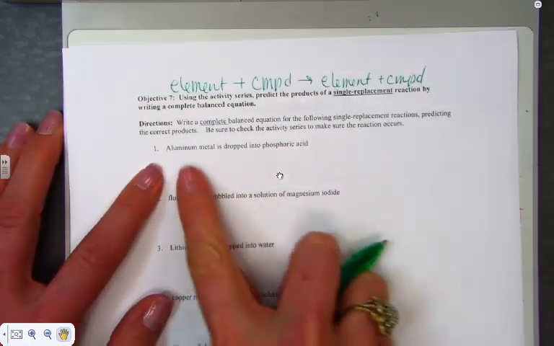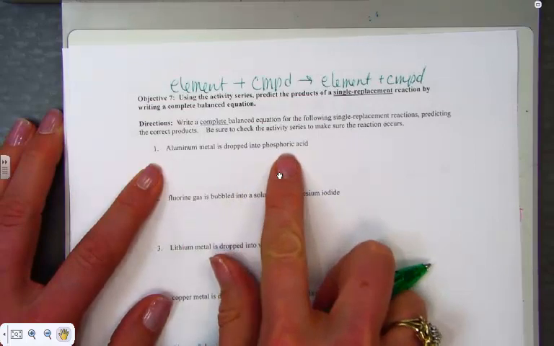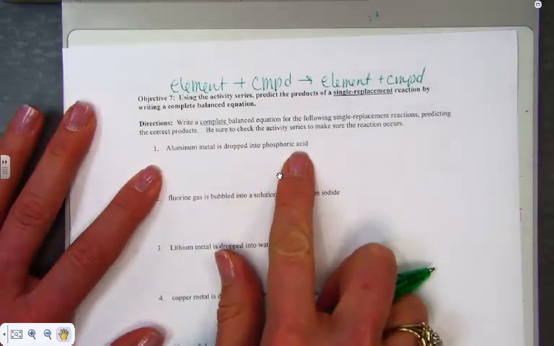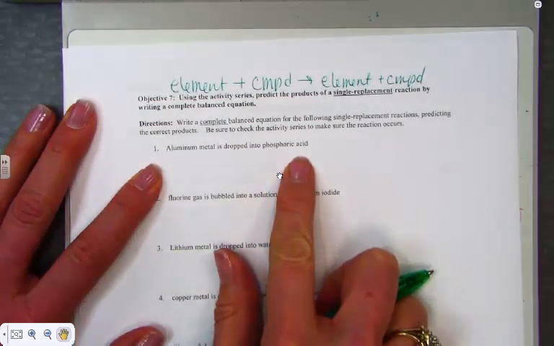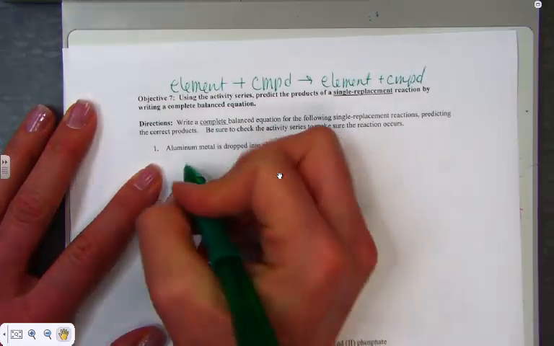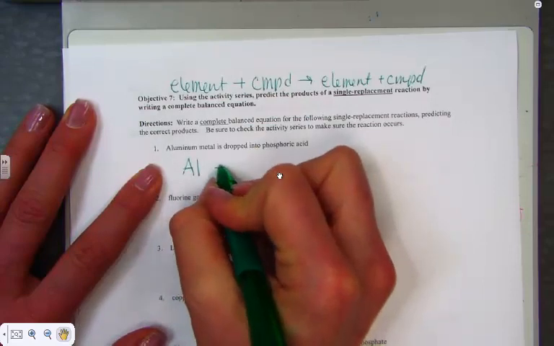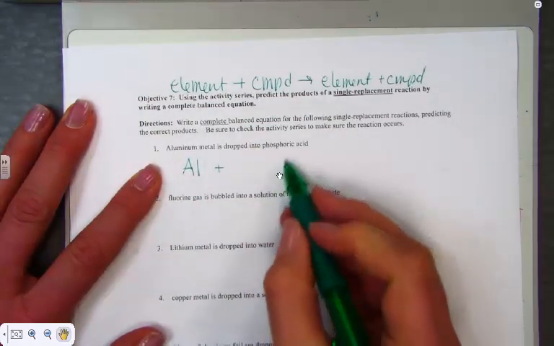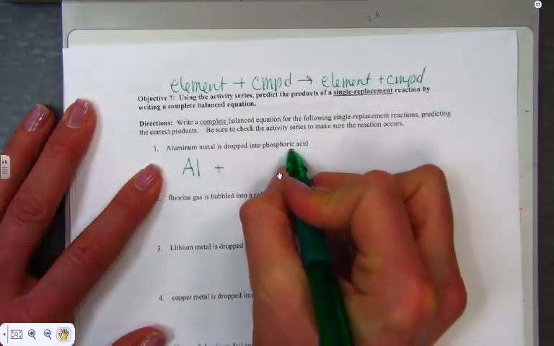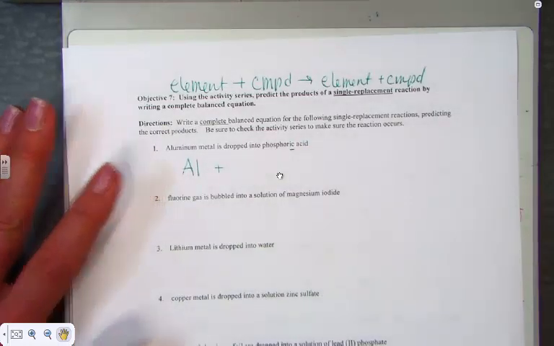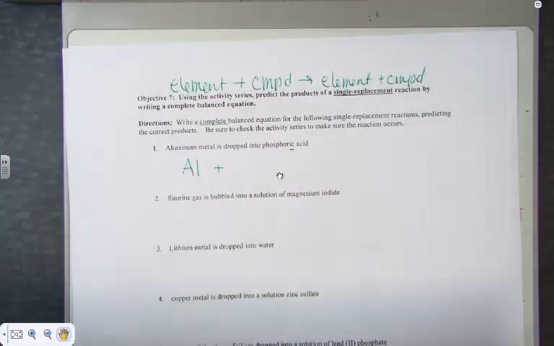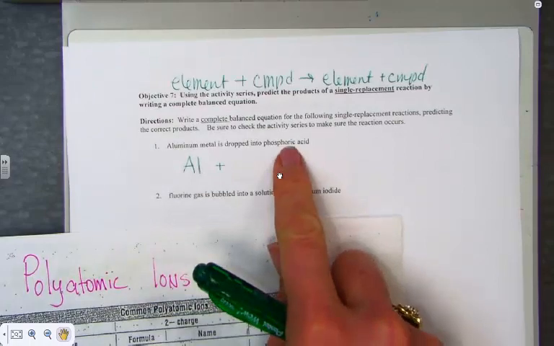Let's begin. Aluminum metal being dropped into phosphoric acid. Start with the left side of our equation. Elemental aluminum, written as Al, being dropped into, means it's reacting with, phosphoric acid. Remember the names of acids coming from the root word ic.